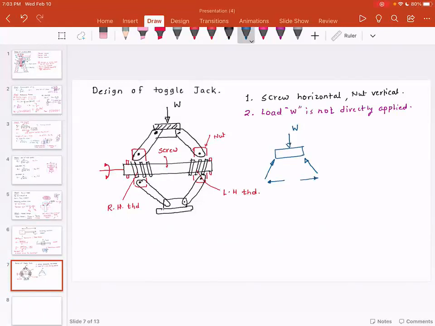So I want you to understand what is happening. This is the load W. This load W is acting on this component. This is the load bearing member, or this is the load plate.